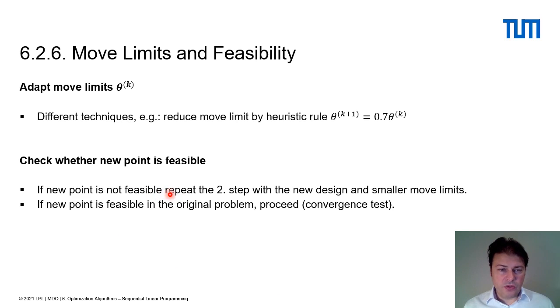If your new design point is not feasible, you would have to repeat the second step and reduce move limits. If your new point is feasible in the original problem, then you do your convergence test. And after that, you may nevertheless repeat the second step, or you're done.